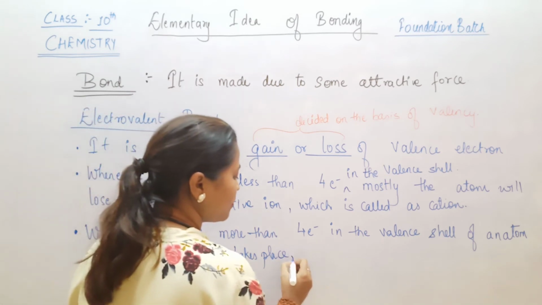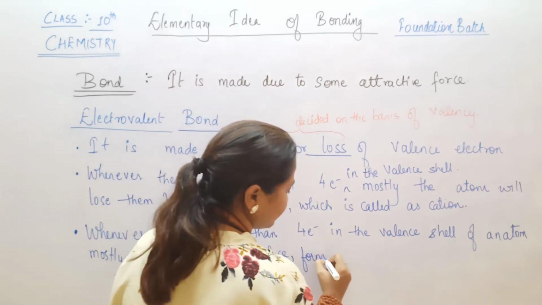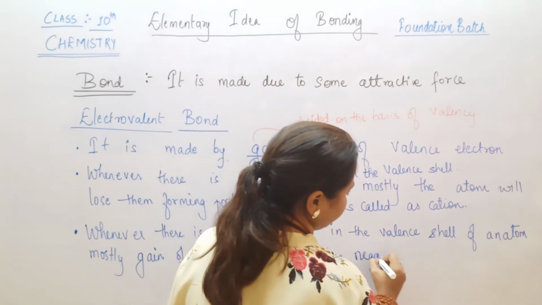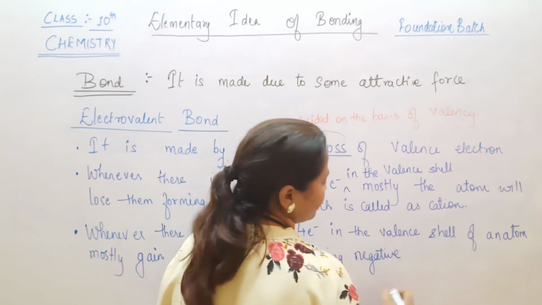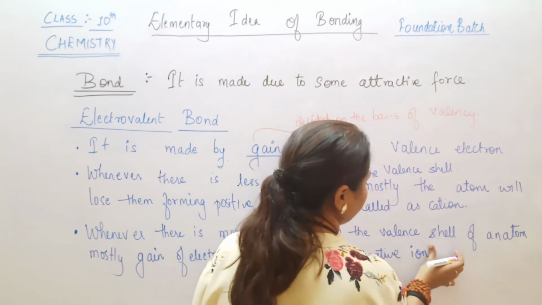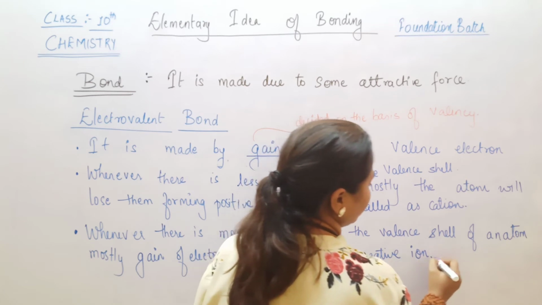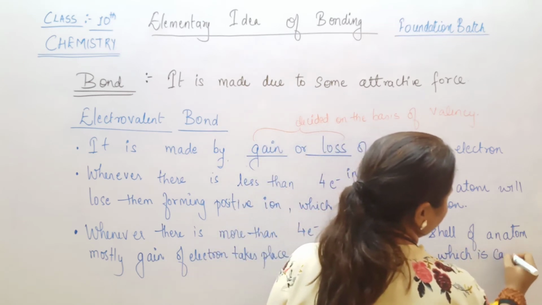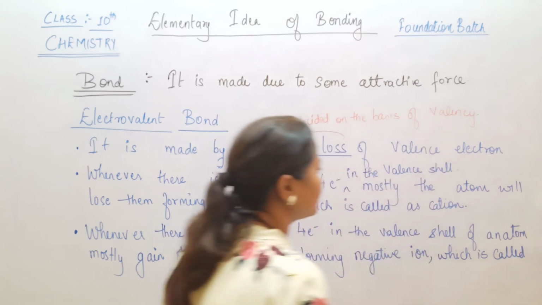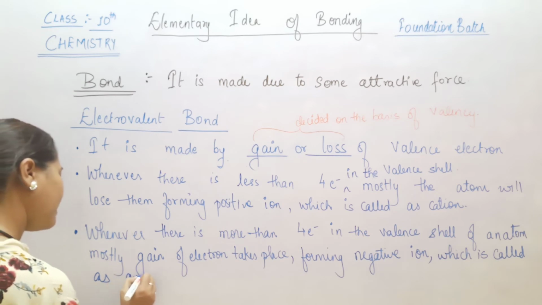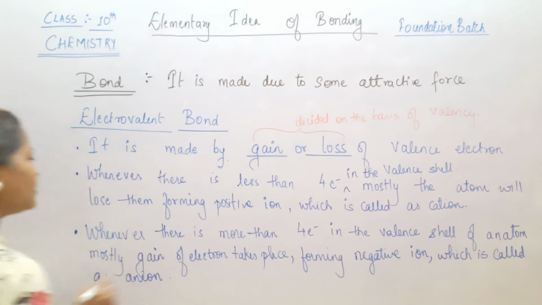Forming negative ion, which is called as anion. These are the points you should remember.